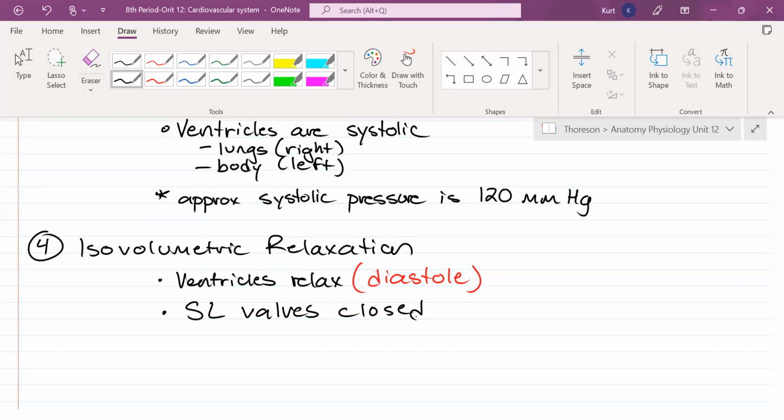Tricuspid. What valve allows the right ventricle to empty? What valve allows the right atrium to empty? That's wrong. Right atrium? Is it aortic? Now you're just guessing.